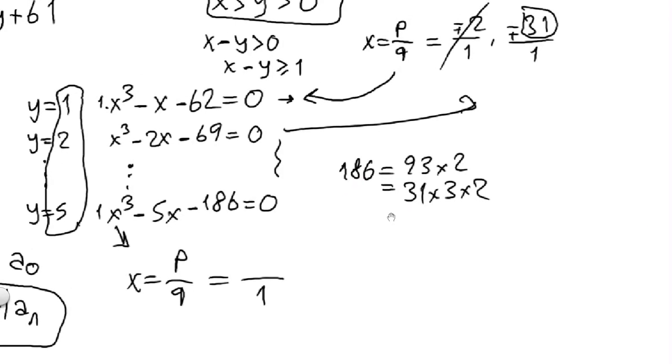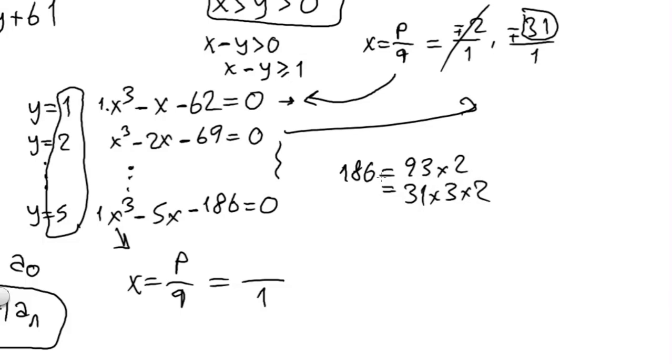This actually gives us only 8 positive divisors of 186, but there are also negative ones, so in total there are 16 values. But we can try only the small ones and see if we are lucky. So from here I can say that p divides these numbers, so it can be plus or minus 2, plus or minus 3, plus or minus 6, plus or minus 62, any combination of these.